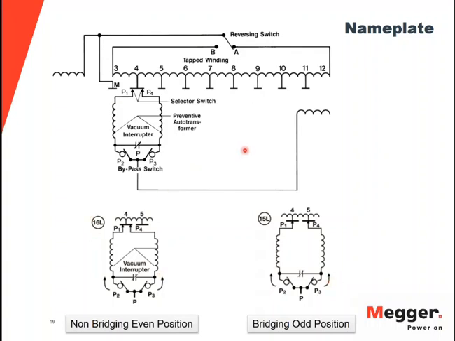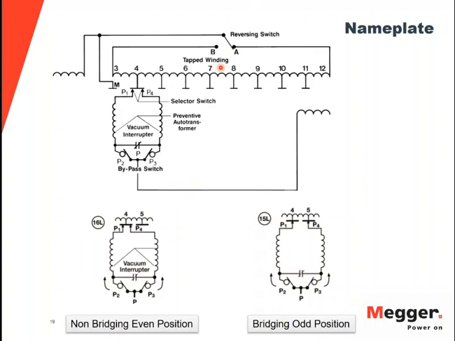So with this kind of configuration, out of 8 tap positions, I can get 33 tap positions, because if you consider bridging and non-bridging position, and if you add a reversing switch to that, you can get 33 tap positions out of this tap changer configuration.